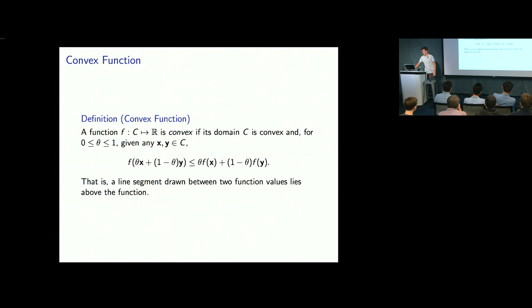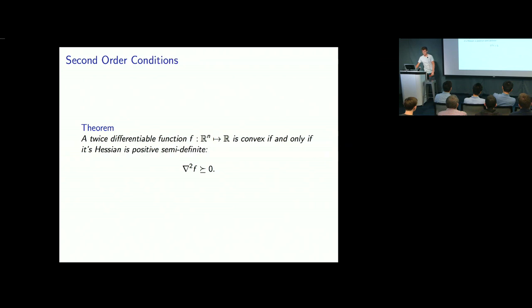So there are things called first order conditions, and I'm going to skip to the more important second order conditions. So how many of you know what a Hessian is? Second derivative. So a Hessian, pretend this is the second derivative of f. It's equivalent in the single variable case. And this is just a matrix that is like the second derivative. And how many of you know what a positive semi-definite matrix is? Okay.